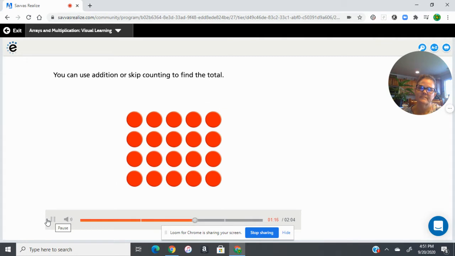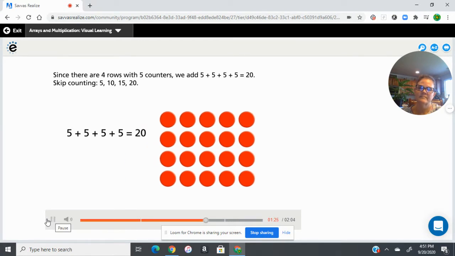You can use addition or skip counting to find the total. Since there are 4 rows with 5 counters, we add 5 plus 5 plus 5 plus 5 equals 20. Skip counting, 5, 10, 15, 20.